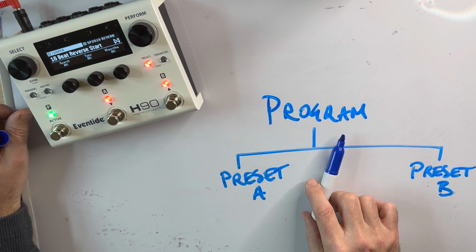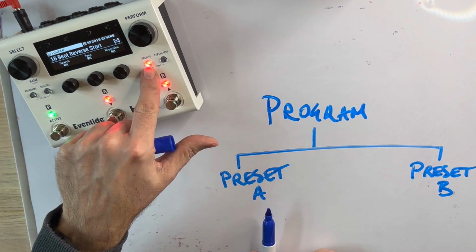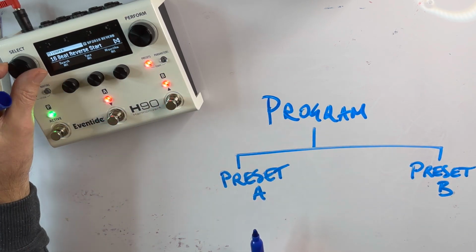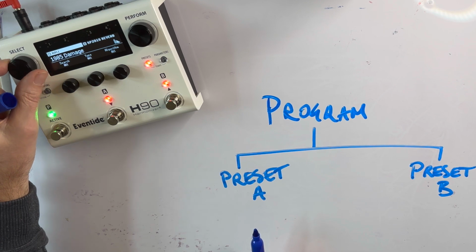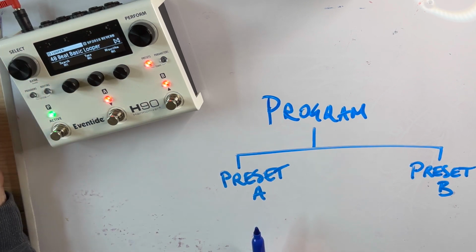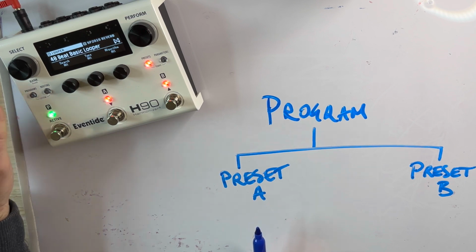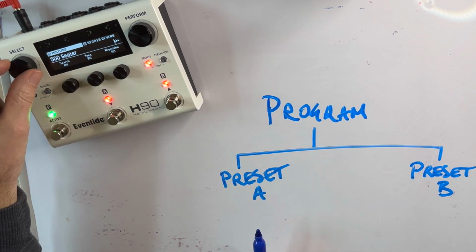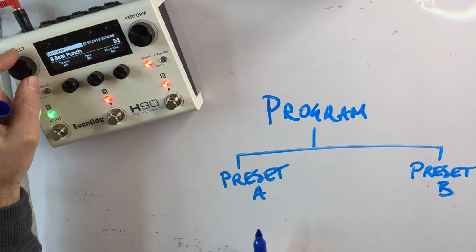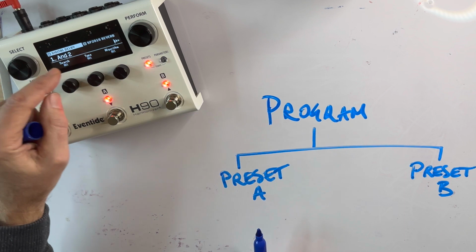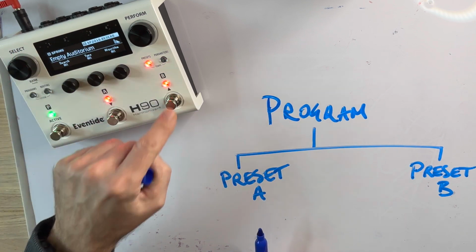This is not programs now, the presets, because I've pressed the preset button. So I can scroll through presets. I don't recommend that because there are hundreds, and you're going to have to remember what they all do, which I think is basically something that is going to be very hard to do.